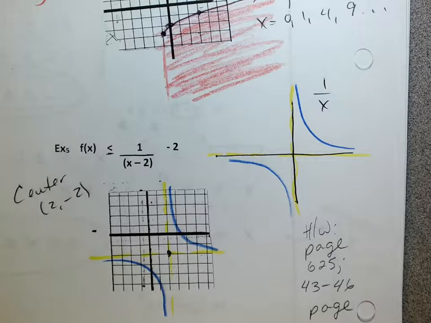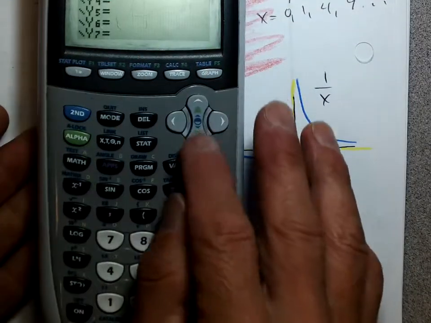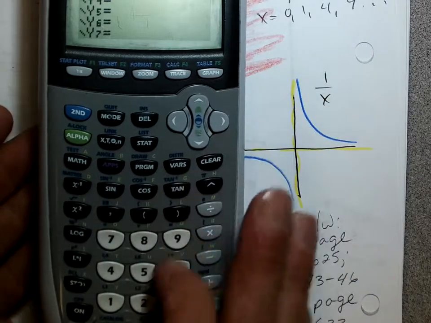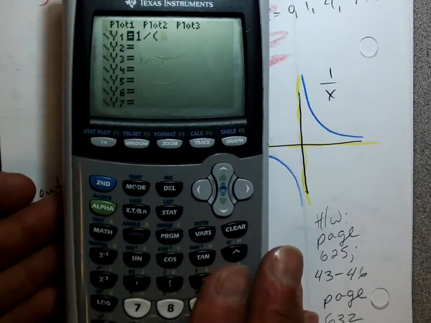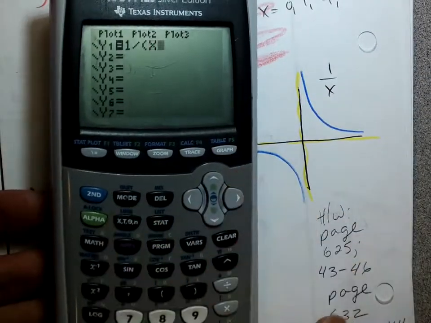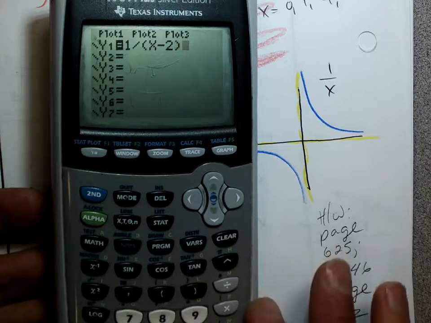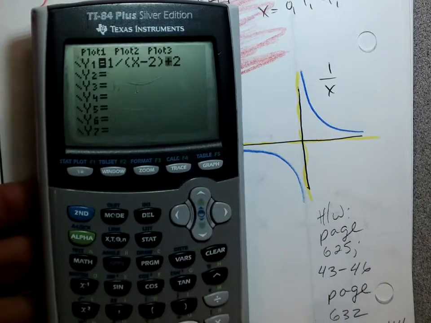So if we let our calculator do it, clear. I'm going to go 1 divided by parentheses x, subtract 2, and then I'm going to go a plus 2. Nope, subtract 2. My bad. Subtract 2.